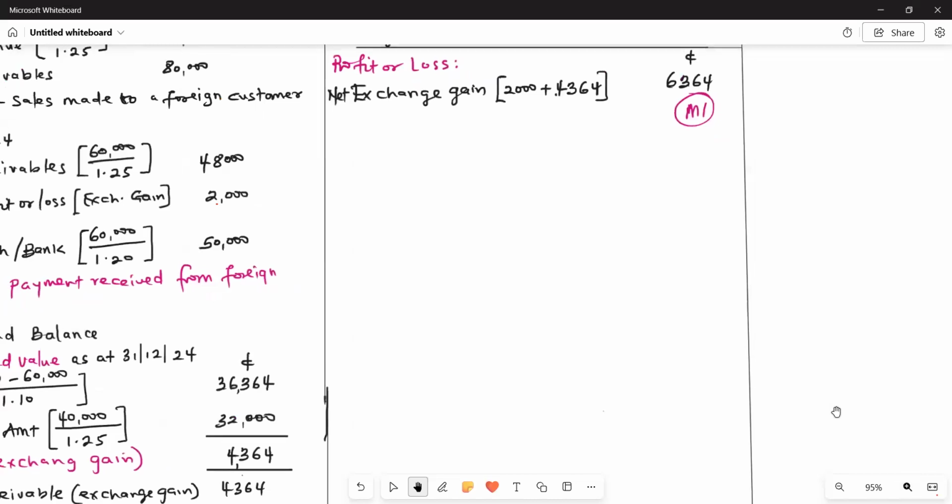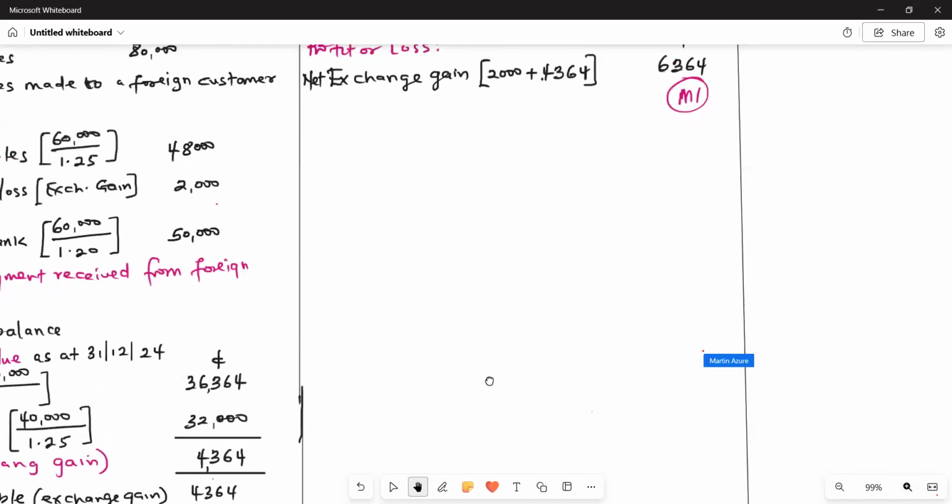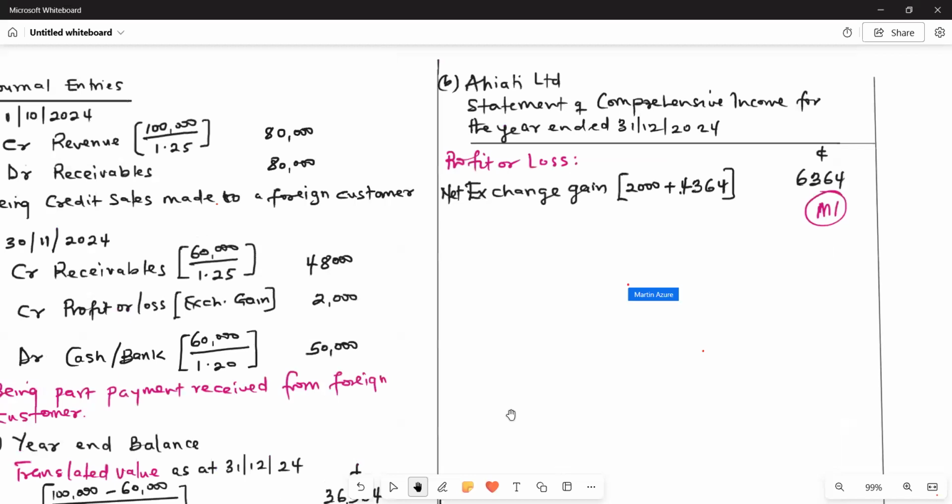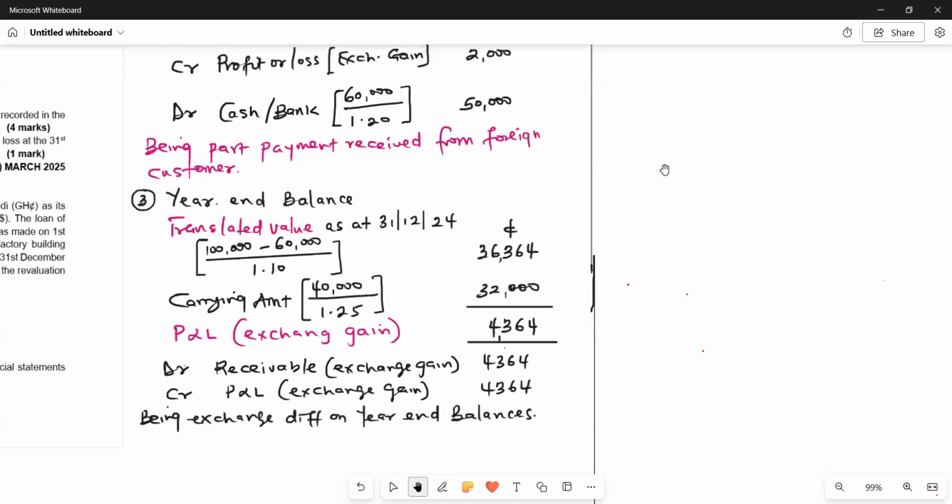Sir, please, a question. With this standard, the way we treat the receivables, is it not going to create confusion between the customer and the company? Assuming I'm owning a company, and at the time I made part payment, the exchange rate had gone up.